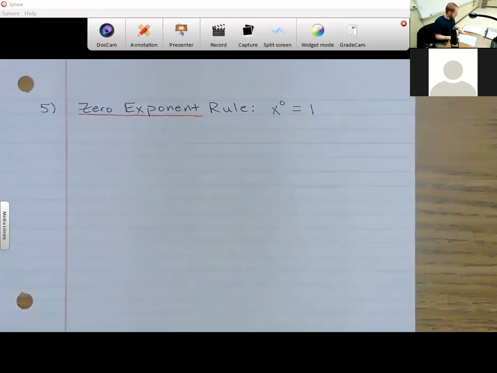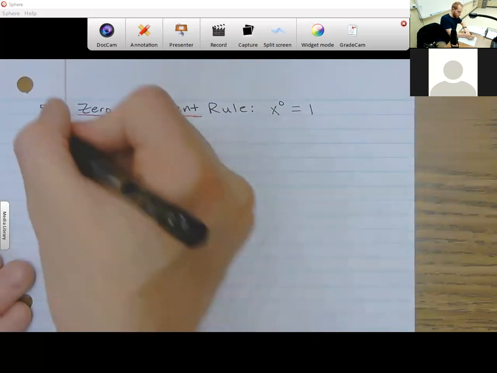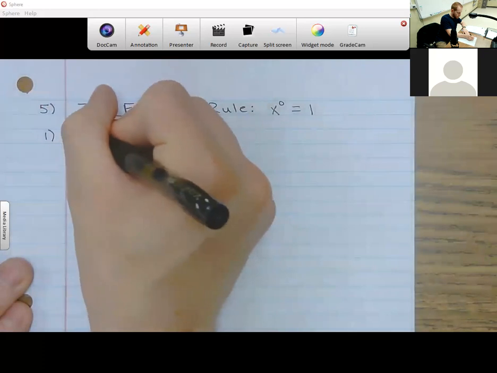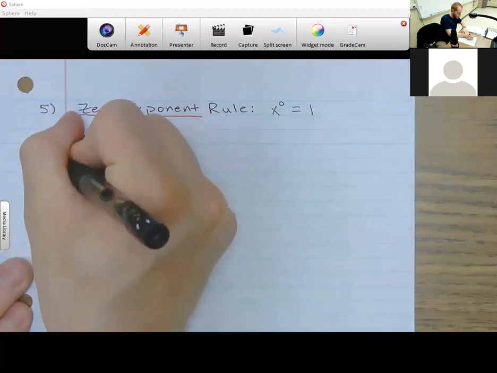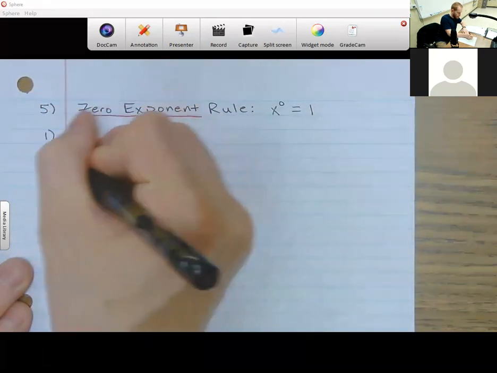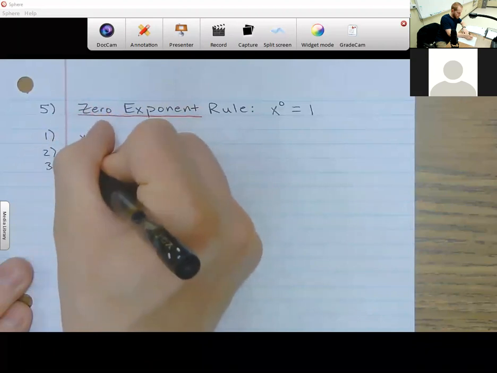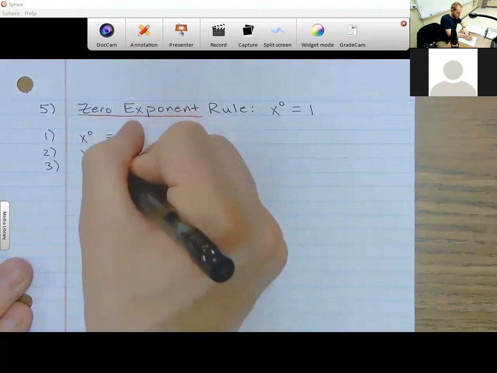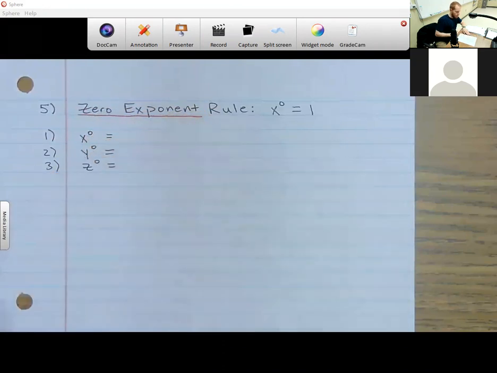Let's try 5 problems like that. So the first one, what I want to do is I want to raise x to the 0 power, and then I want to raise y to the 0 power, and I want to raise z to the 0 power. And we're going to see what happens when we do that. Okay, so go ahead and write those down, and we'll talk about them.